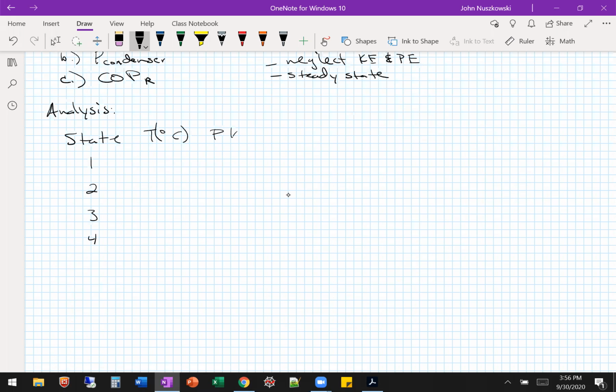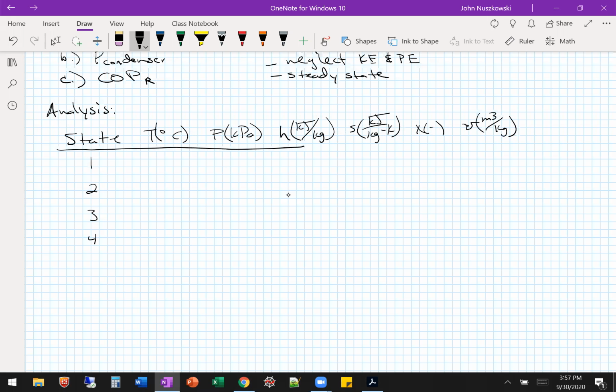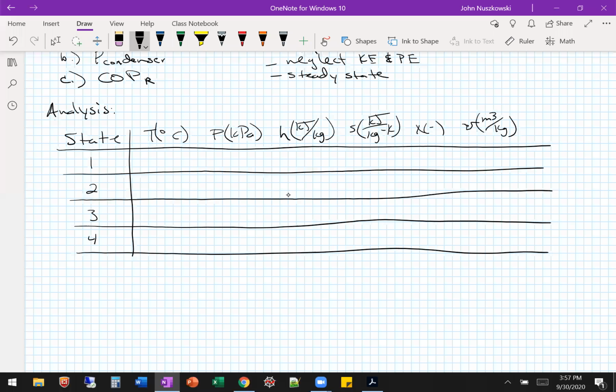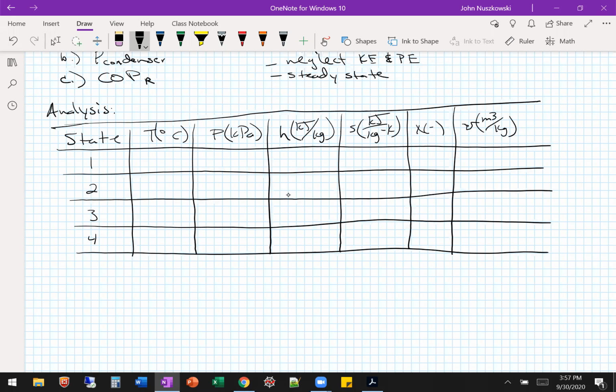Temperature, pressure, enthalpy, entropy, quality, and specific volume, right? So we got our pretty table now.